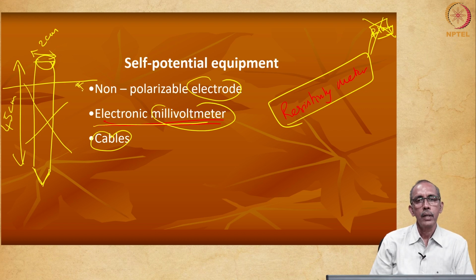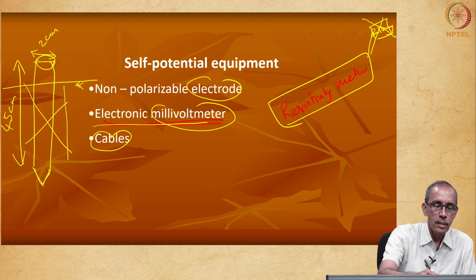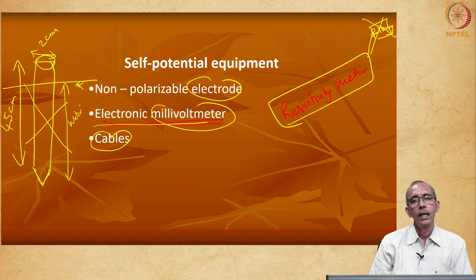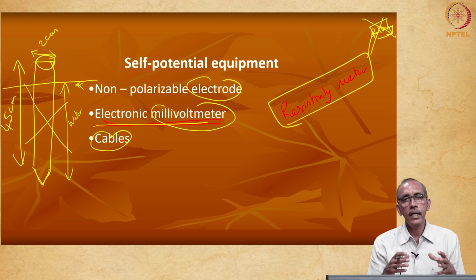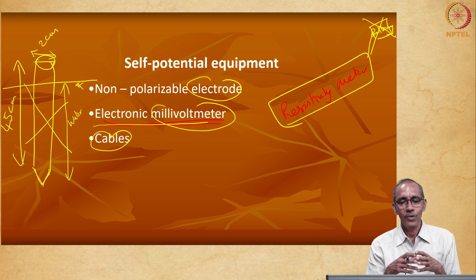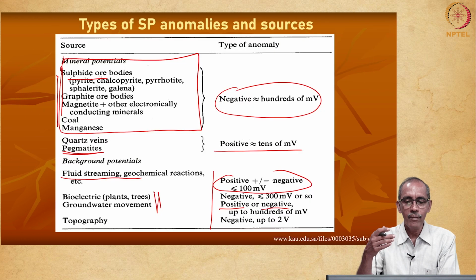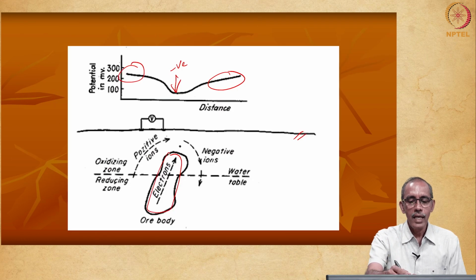When you keep this rod into the earth, beneath the surface, moisture content will vary, water content will be different. This may induce some self-generated potential around the electrode which we have planted. Okay, this situation is something similar to this case, right.